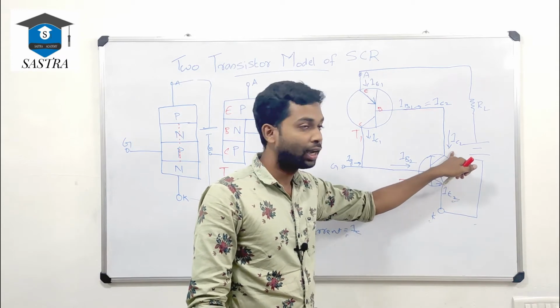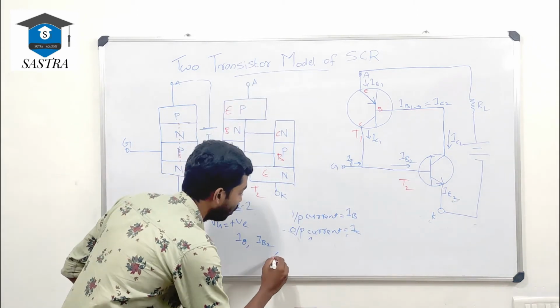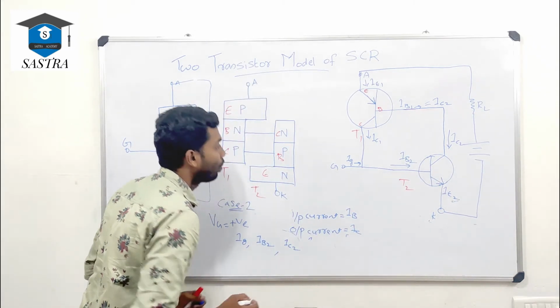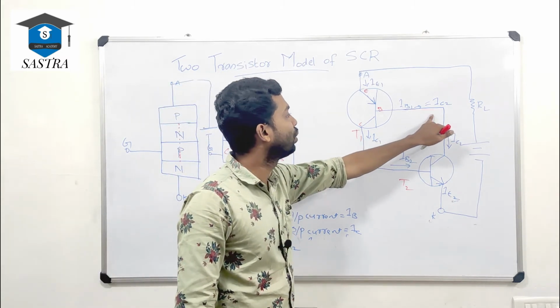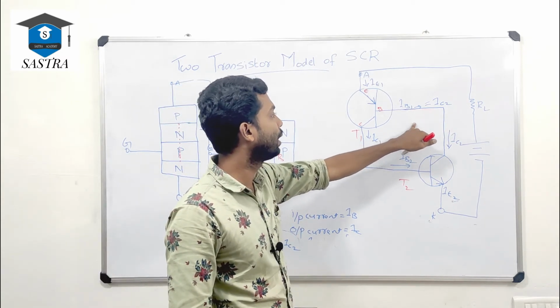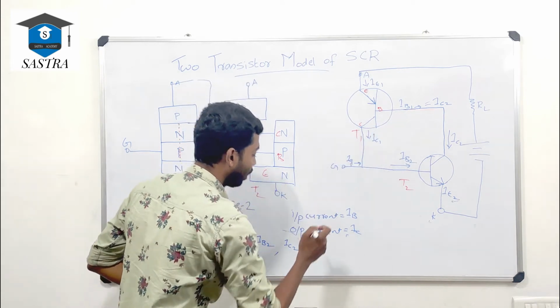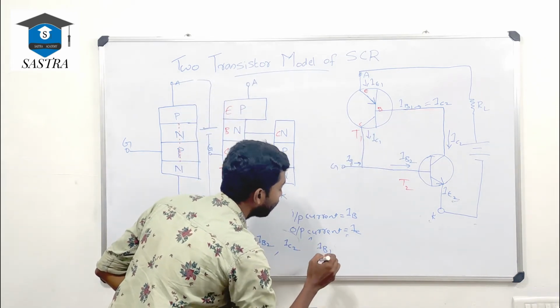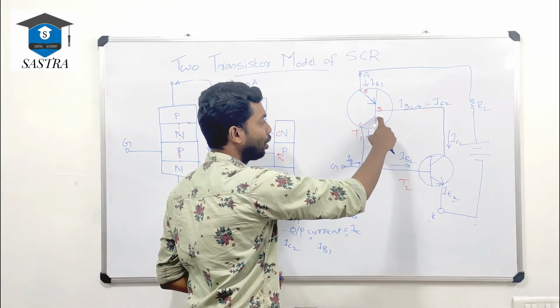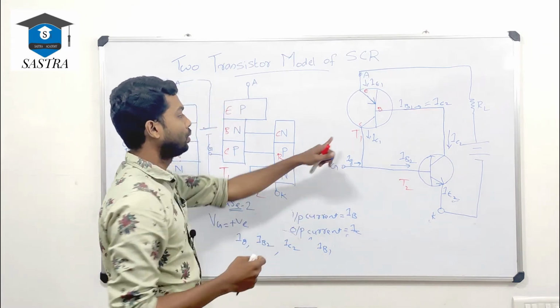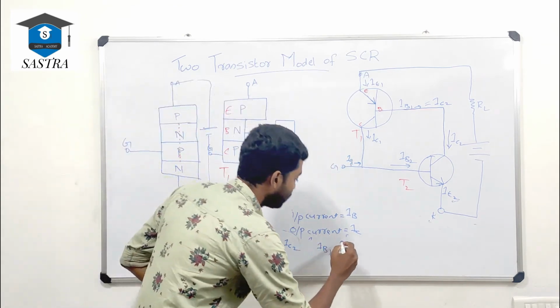So there is a collector current IC2, and IC2 is equal to IB1. So there is a base current IB1. This base current will turn on the transistor T1. So there is a collector current IC1.